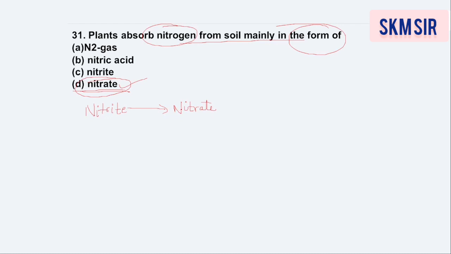Am I right? Nitrate is formed from nitrite by the bacteria Nitrobacter. This is a very important reaction, please keep it in mind. Nitrite gets oxidized to nitrate by the bacteria Nitrobacter.